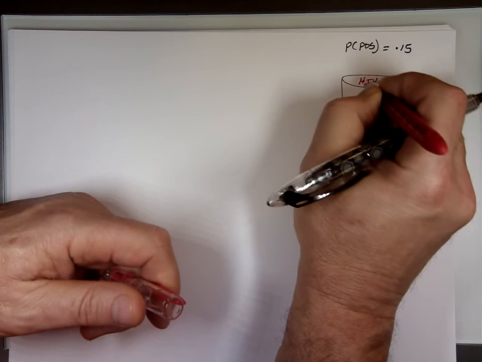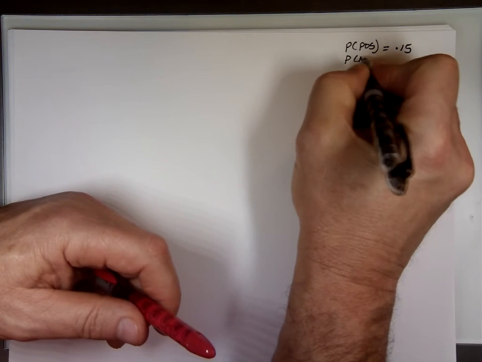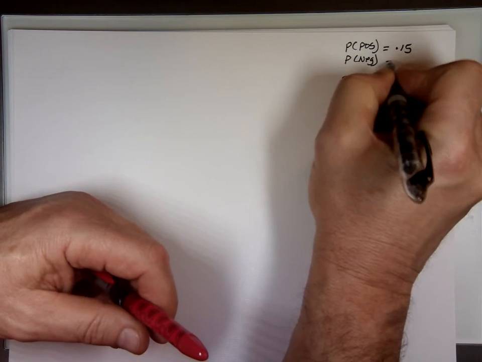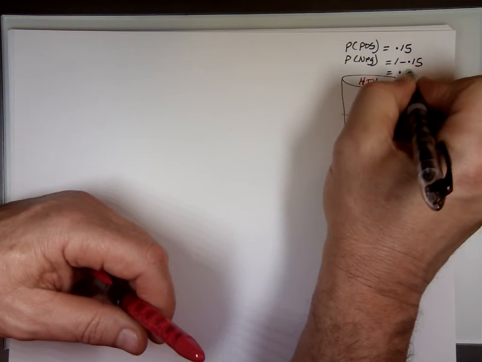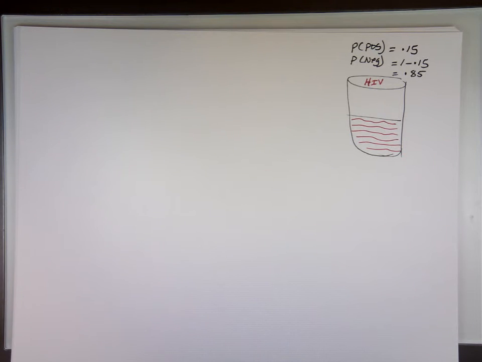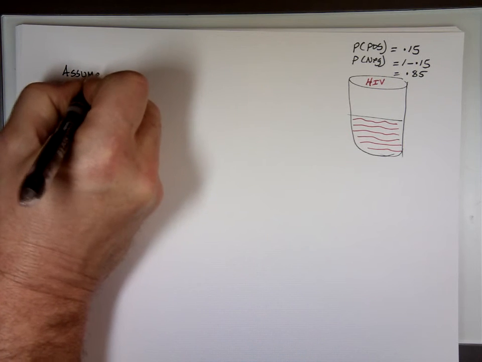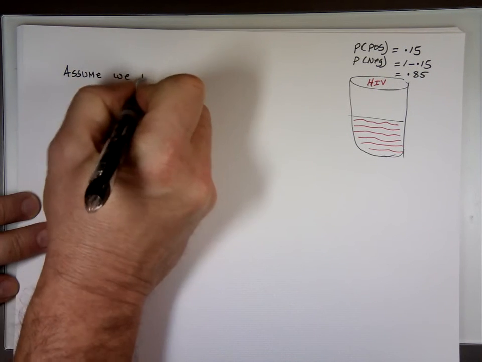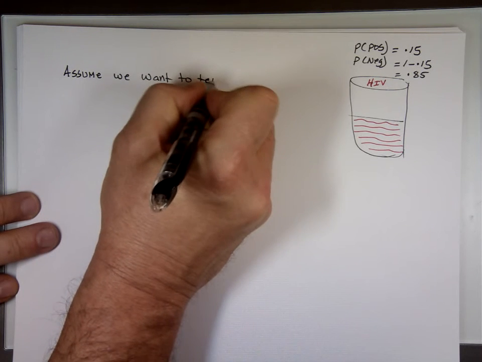So to test negative, the result is 1 minus 0.15, and you come out 0.85. Let's assume, just to make the story more fun, we want to test 1 million people.